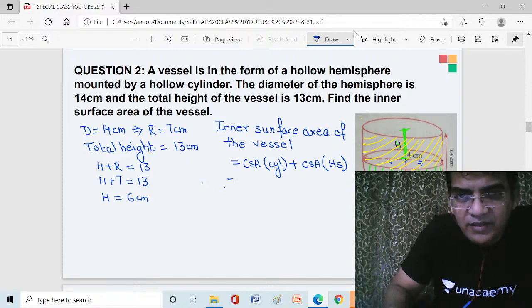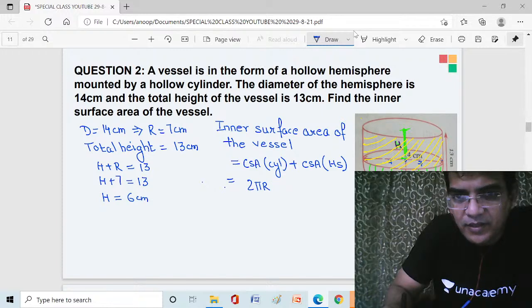Now let us write the formula for the curved surface area of the cylinder. It's 2 pi r h, and the curved surface area of the hemisphere formula is 2 pi r square. That is the formula for the curved surface area of the hemispherical portion.